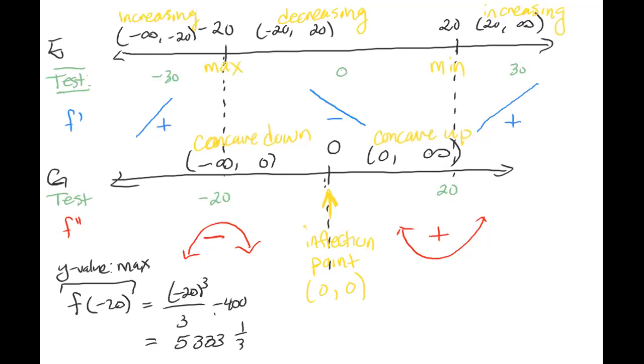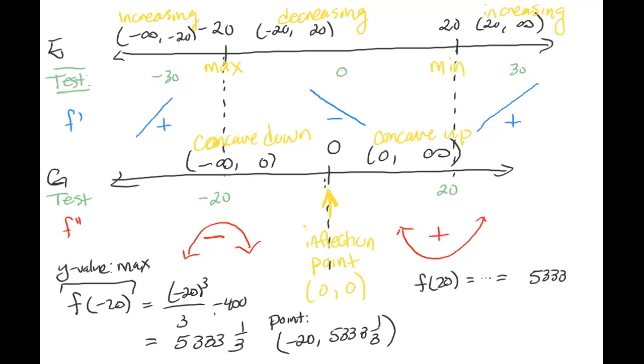So something very large. That gives me a point: -20, 5,333 1/3.